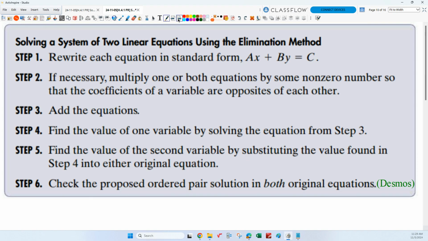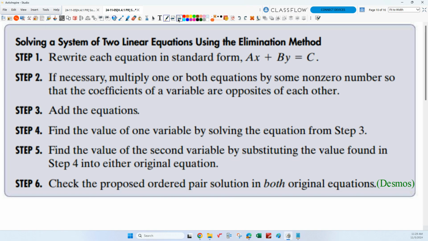We like to write our linear equations in standard form, all the linear equations in standard form, and then we want to add the equations in such a way that we can cancel one of the variables. So if necessary, we're going to multiply one or both equations by some non-zero number, so that the coefficients of either x or y are opposites.